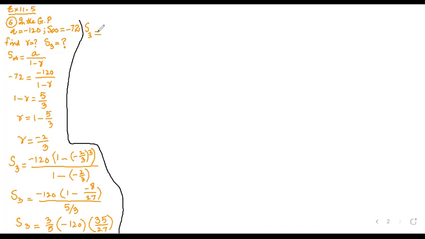So S3 will be equal to 3 upon 5 times minus 120 times 35 upon 27.